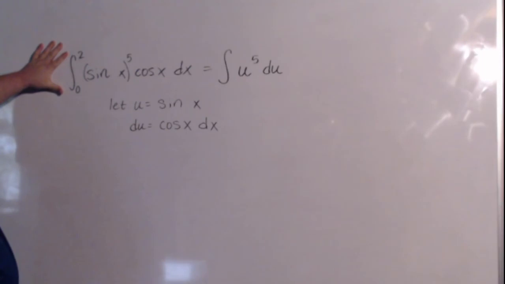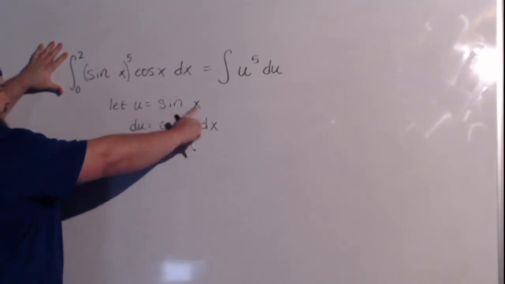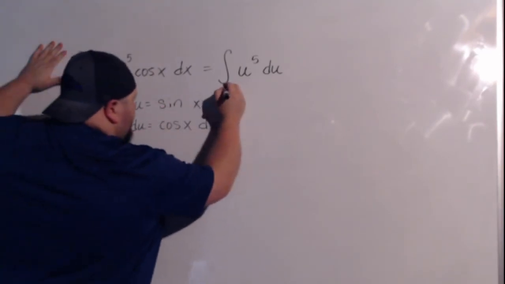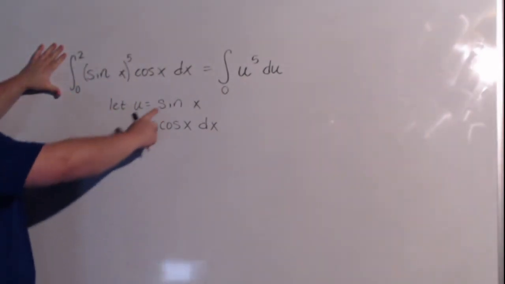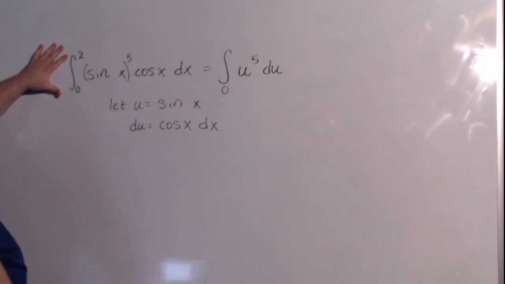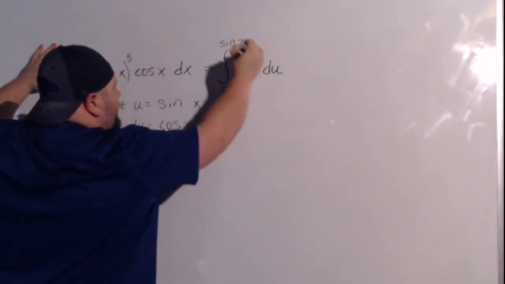So I may leave it as sine of 2. Let's see. If we plug in 0 here, right, sine of 0 is 0. That's not bad. But the sine of 2, that's not a nice number. So I'm just going to leave the bound as sine of 2.